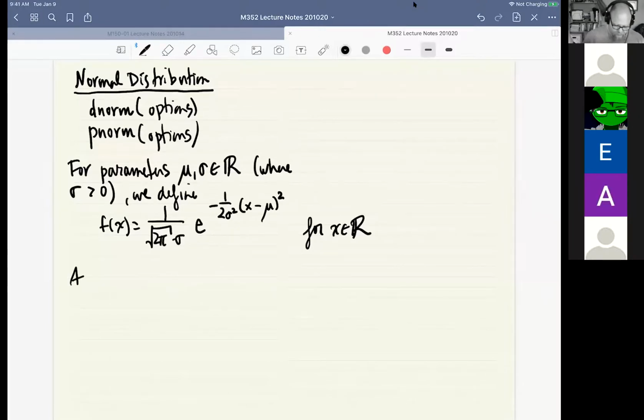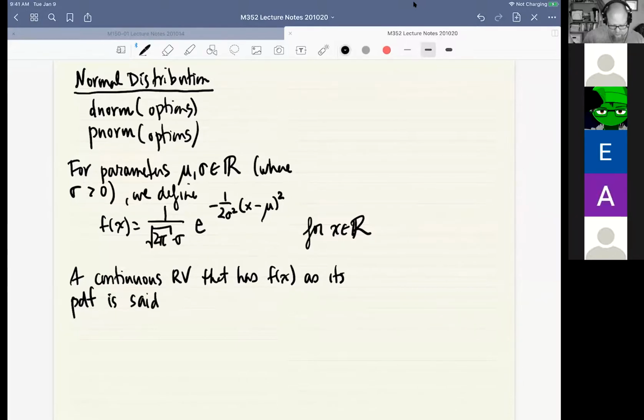So a continuous random variable that has this function as its probability density function is said to be normally distributed.